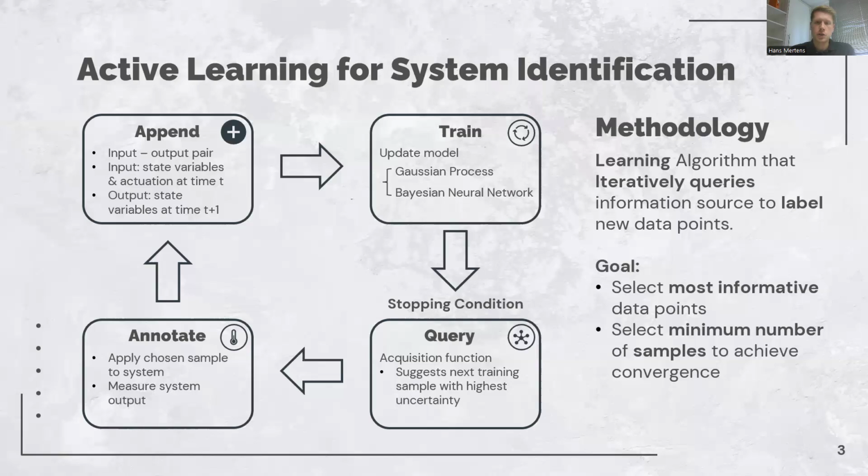In doing so, we can train our model to predict how our dynamical systems forward propagate in time. And we keep retraining our models until we hit some stopping conditions where we believe that our models are sufficiently well trained to be used in the application that we care about.